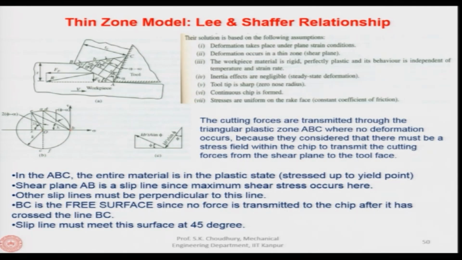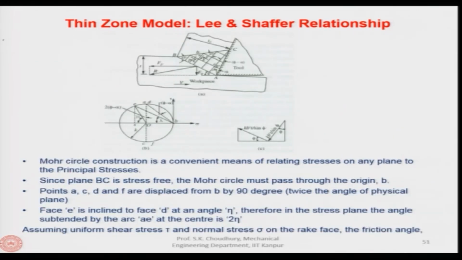So, therefore, we said that A, D, C and F are at a 90 degree angle from the B. Now, what we said is that this E is inclined to this by an angle of nu, and here it will be twice the nu.